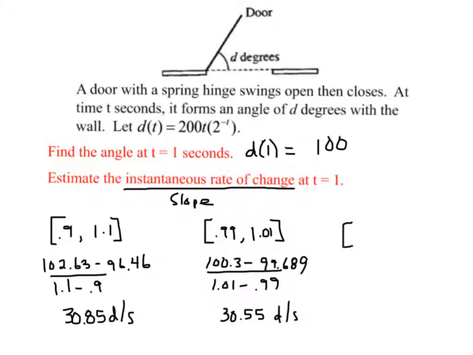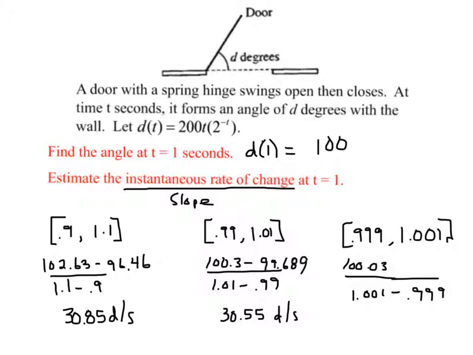But I could go even more, right? I could go 0.999 and 1.001. And this is obviously the last one I'm going to do because I'm running out of time or space. But I do 1.001 minus 0.999, and I'd plug that into my calculator to get the numerators, and I get 100.03 and 99.969.